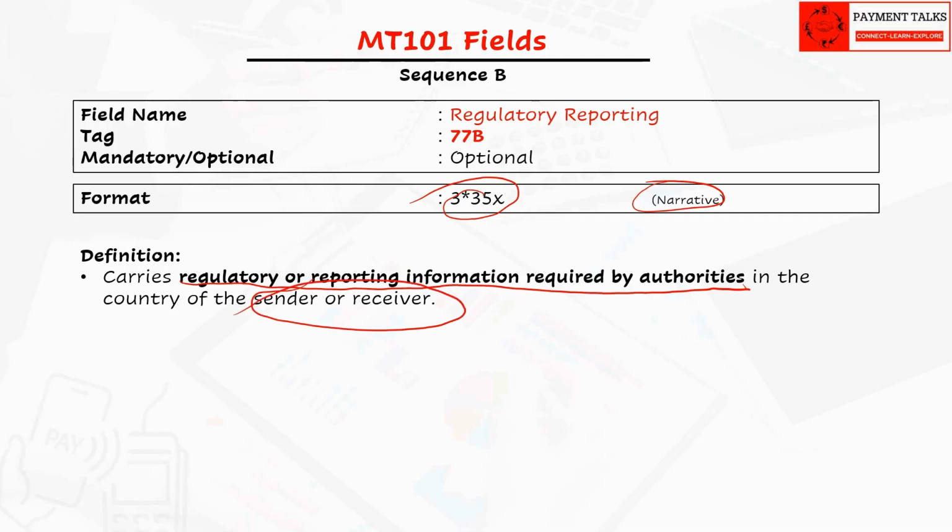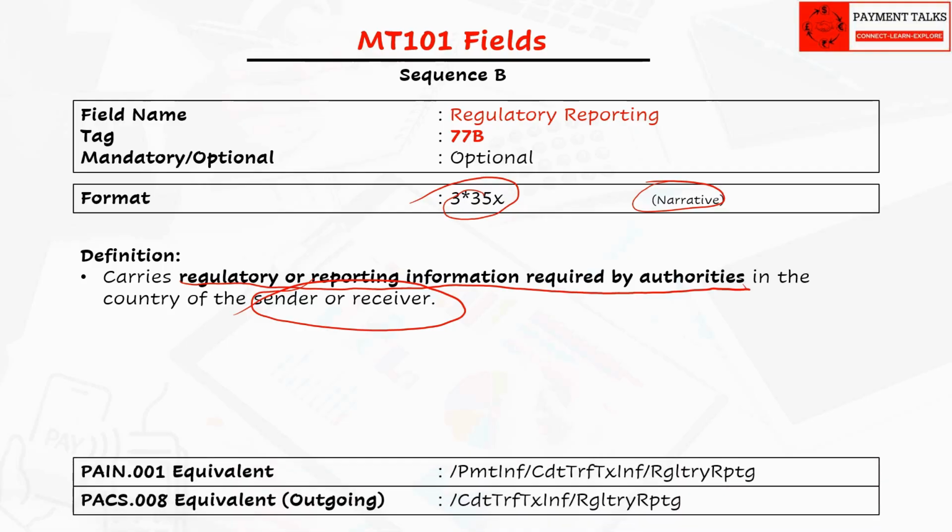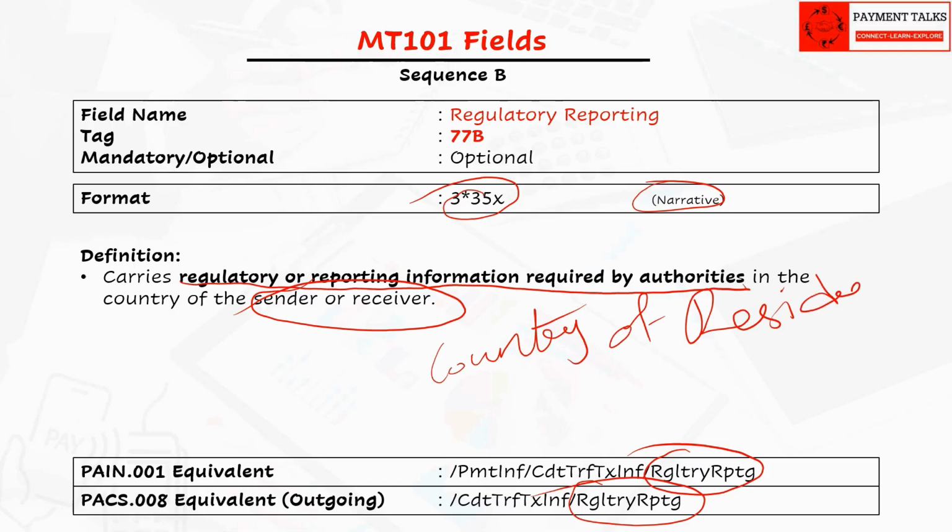This field can be mapped directly into the same field, regulatory reporting, in PAIN.001. Else, this can also be mapped into the debtor and creditor sections in a specific field called country of residence, as the codes in the MT are country of residence only. ISO has more granularity which can be used in future.